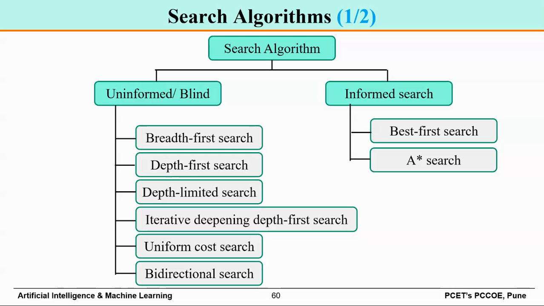But in order to understand the best first search algorithm, first of all you should know about breadth first search and depth first search. And if you get some basic understanding of them, you can easily come to know about best first search algorithms, right? So again, the question comes, are these the only search algorithms?